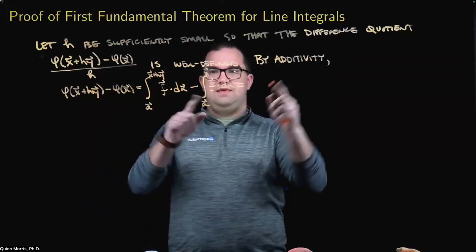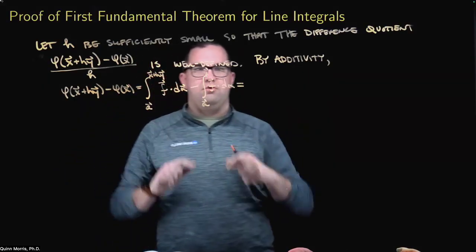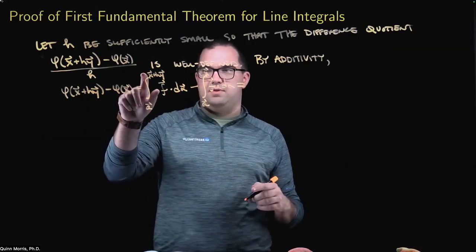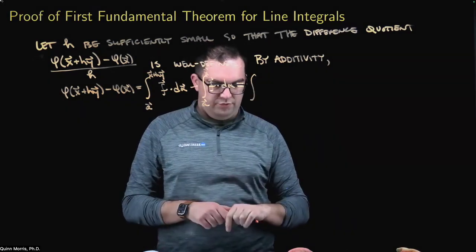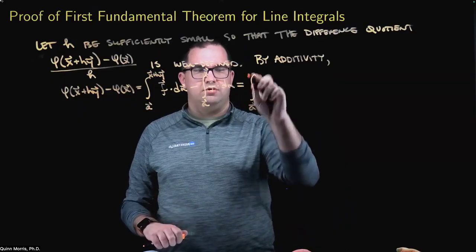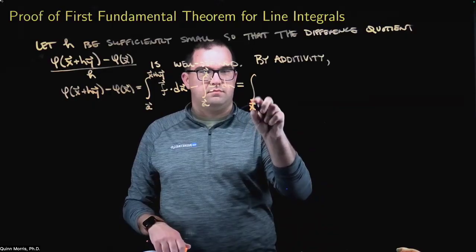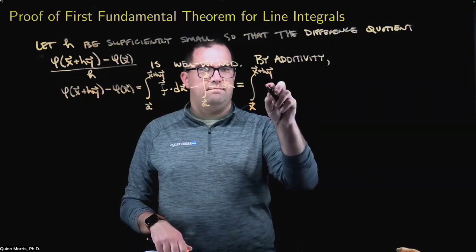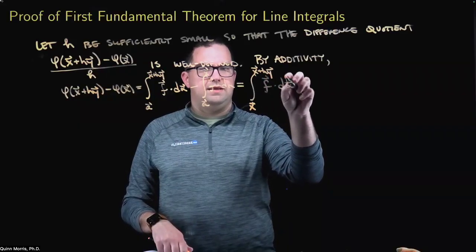And so now using the additivity, so this is just definitionally what each of these pieces means. Integral from a to x plus hy minus integral from a to x is going to end up just being the integral from x to x plus hy of f d alpha.